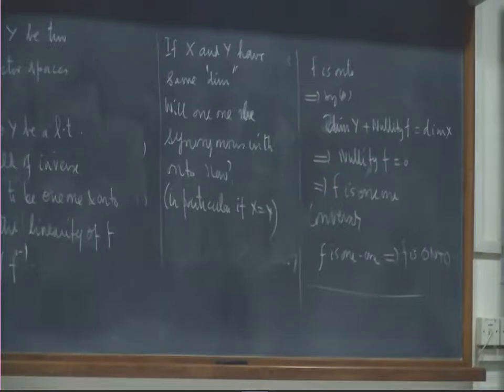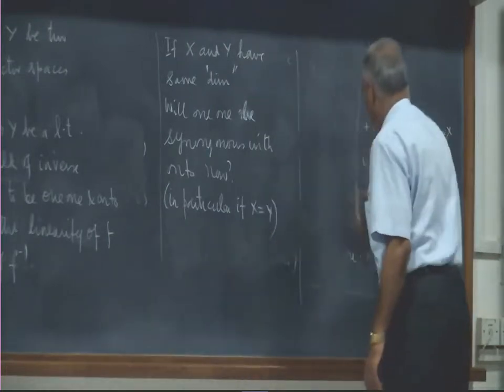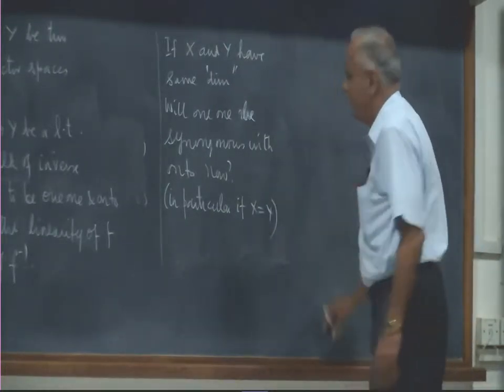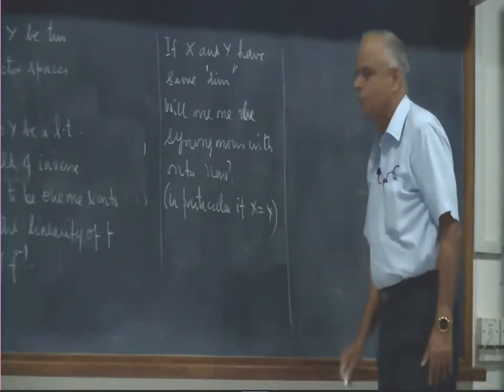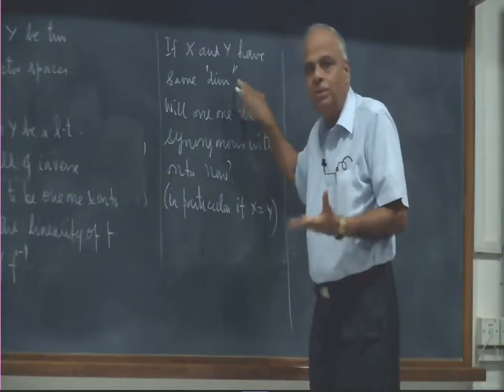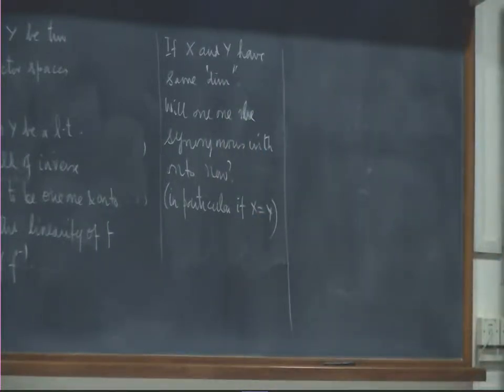So will 1-1 mean onto? So let's look at some examples to show that the situation is different when you go to infinite dimensional spaces. So in order to not be confused by being the same dimension, we will take the same space itself. So there is no question of the dimensions being comparable or anything.